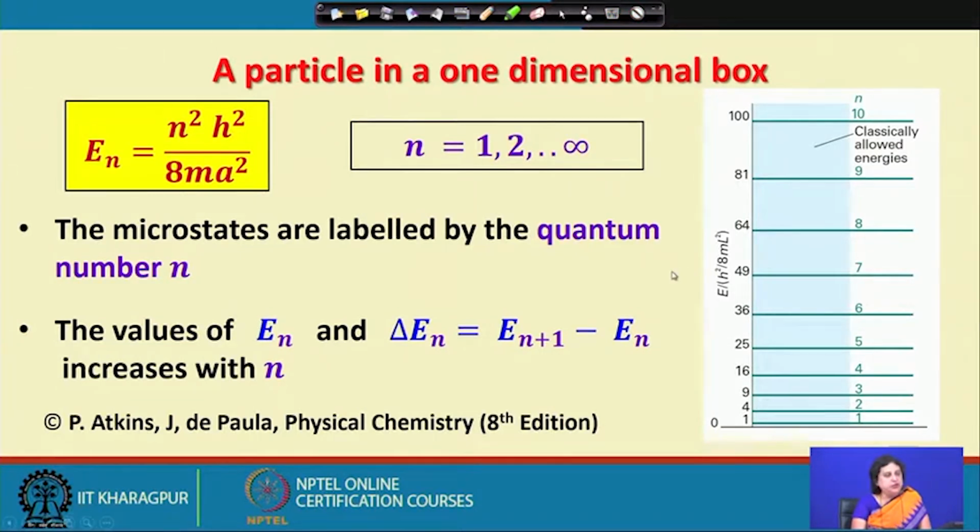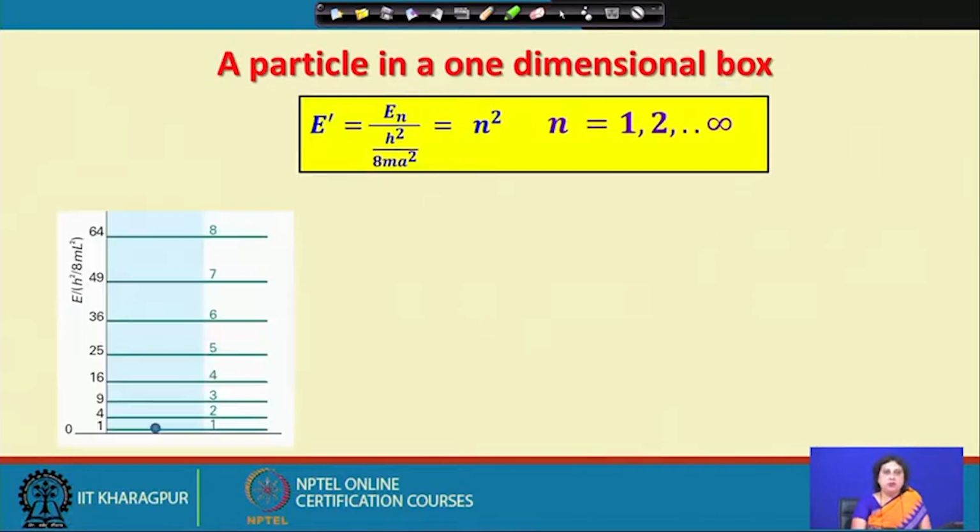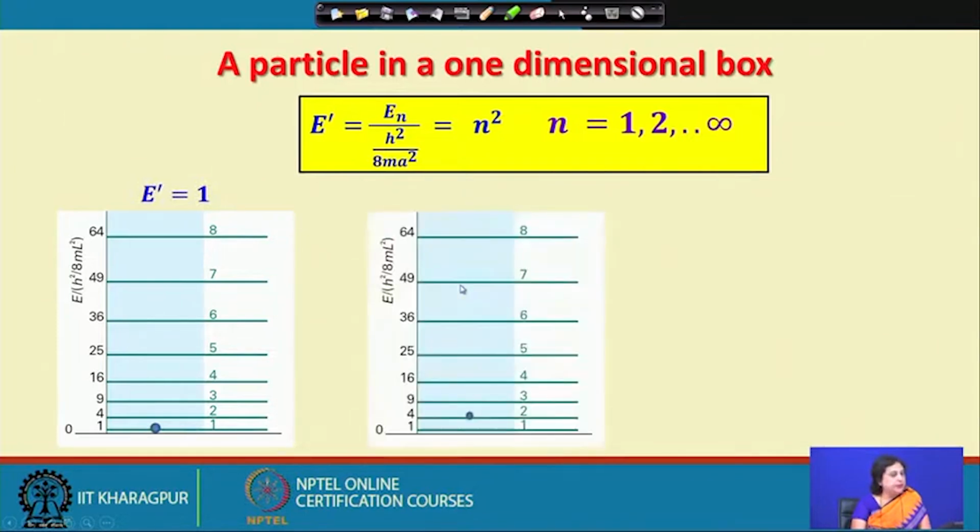If I want to visualize some of these states for a particle in a one dimensional box, can we guess the energy E prime that is defined here, which is equal to n square? Here the system is present in the state where n is equal to 1. As a result, the energy of the system, E prime, is equal to 1.